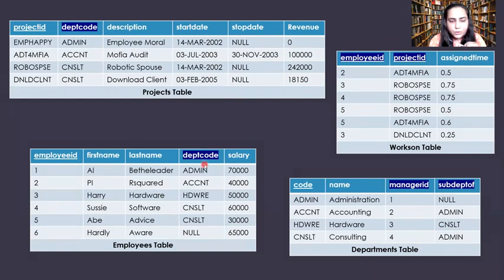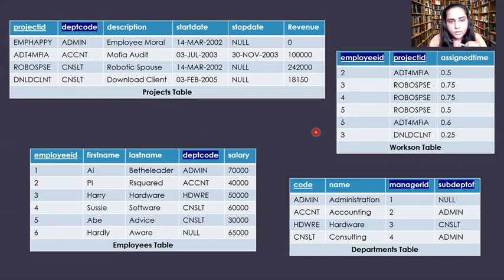When we took a join between employees and departments, we used on because the column names are different. But here the column name is the same, so it doesn't make any sense to write employee ID equal to employee ID. So we are just going to use the word using and write employee ID because both tables have that column.